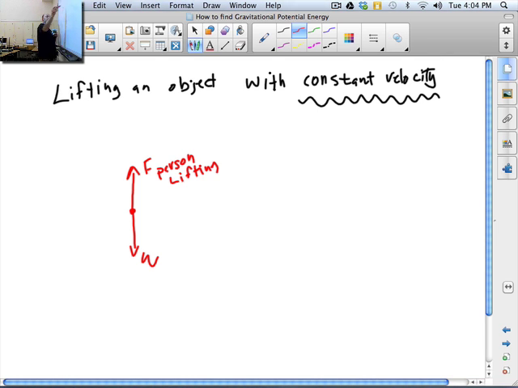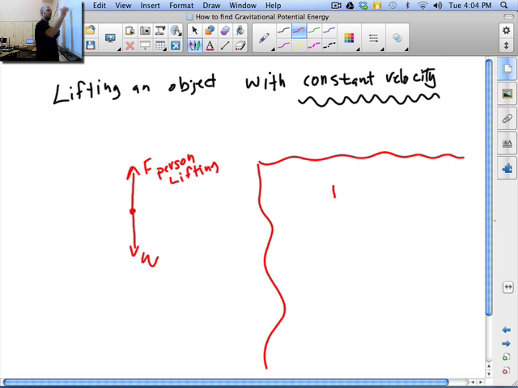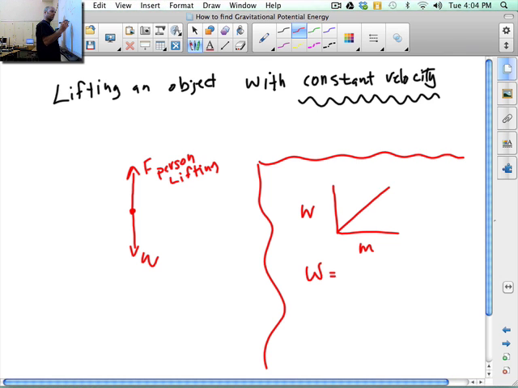And way back last semester, you figured out a graph of weight versus mass. You basically hung masses on a force sensor. And you found that on Earth, the weight of an object is equal to 9.8 newtons per kilogram times m.